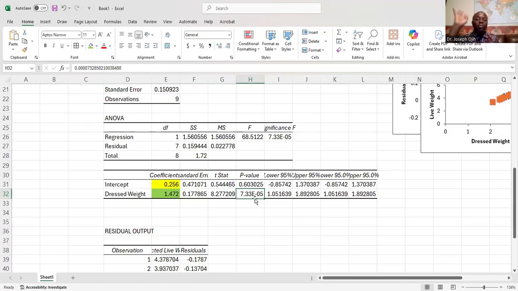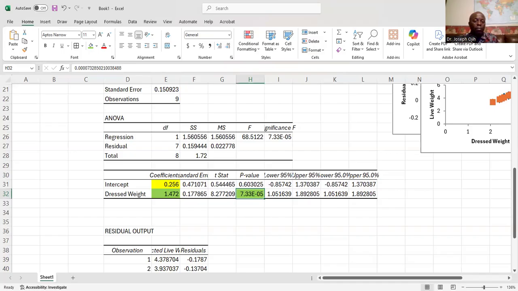That means there are going to be 4 zeros after the decimal point before the first significant digit, which is 7: 0.0000733. So we have the p-value right here.